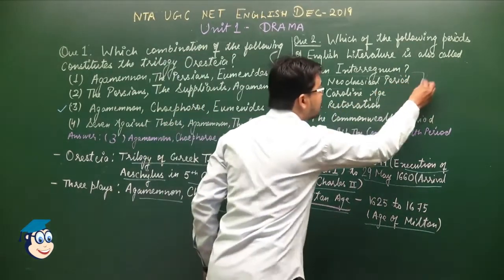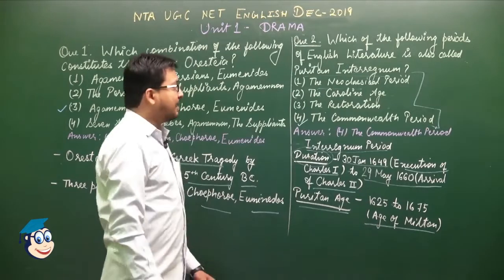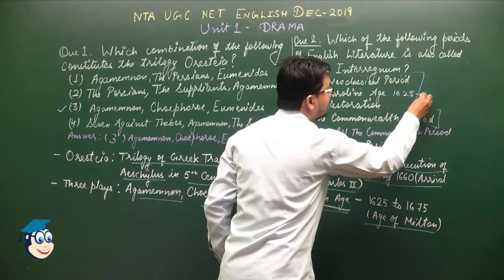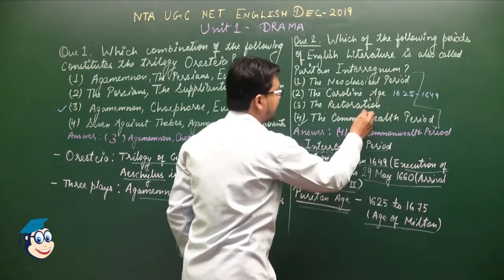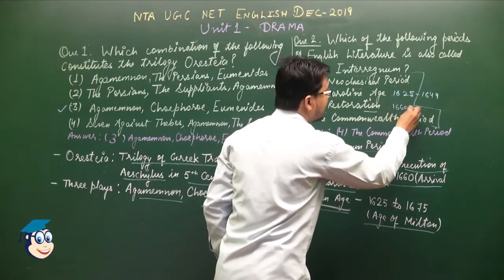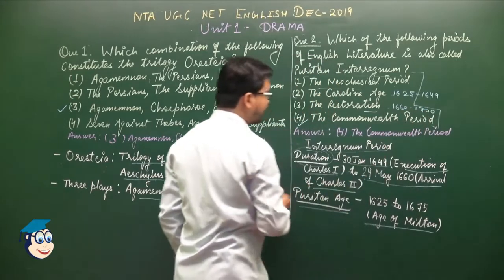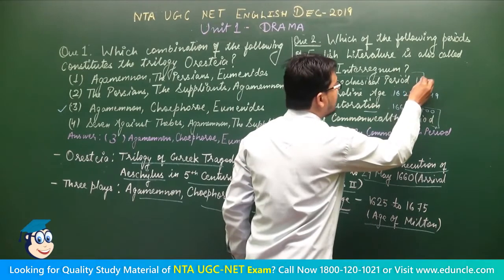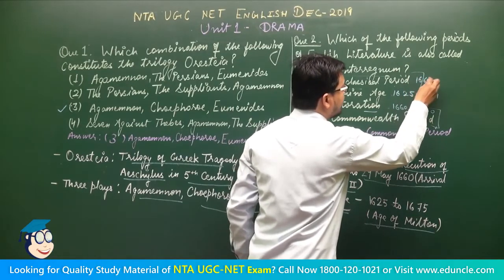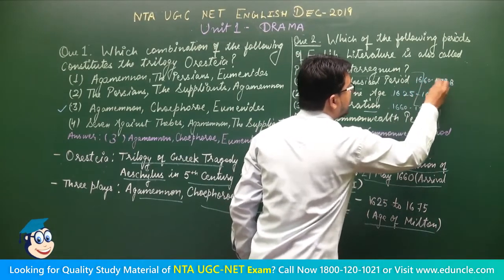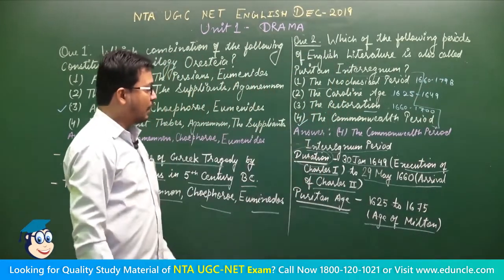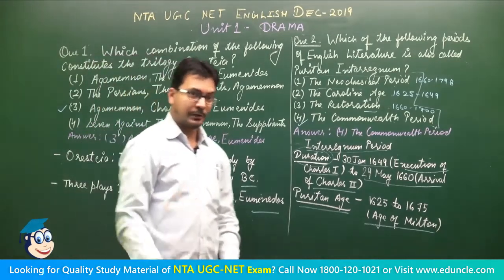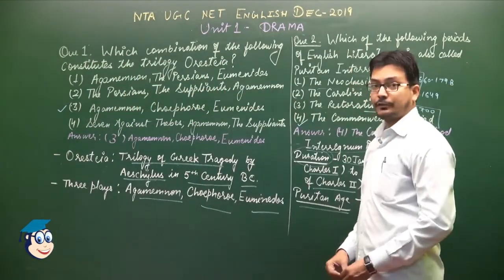The other ages are also important: the Caroline age, 1625 to 1649; the Restoration, 1660 to 1700; the Commonwealth period that we talked about recently; and the Neoclassical period, from 1660 to 1798. So this was how we talked about these different ages of English literature. Now note it down, then we are going to talk about the further questions.